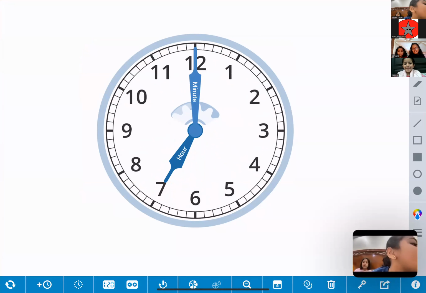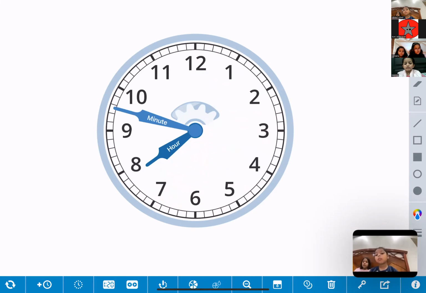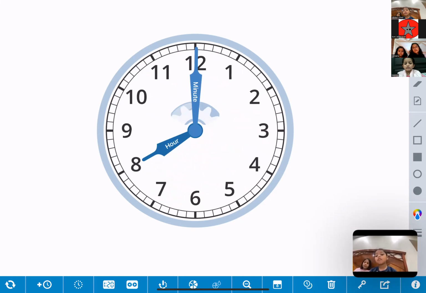When the minute hand starts from 12 and it takes one complete rotation, one complete circle, we call it 1 hour. And it is equal to 60 minutes. You know why it is equal to 60 minutes? Because every step we will count. Okay, 1, 2, 3, 4, 5.